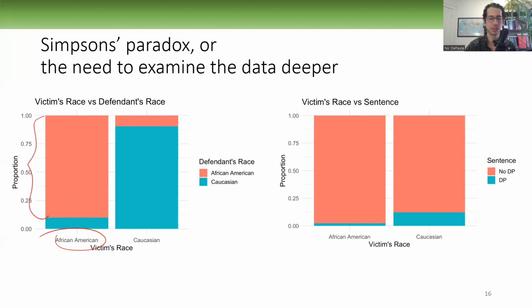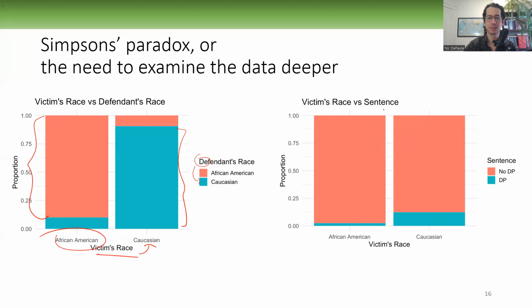It's about 75%. It's kind of the same thing, but inverse for the Caucasian. So if the victim's race is Caucasian, then the defendant's race most of the time is also Caucasian. So we definitely see that this is a potential factor here.